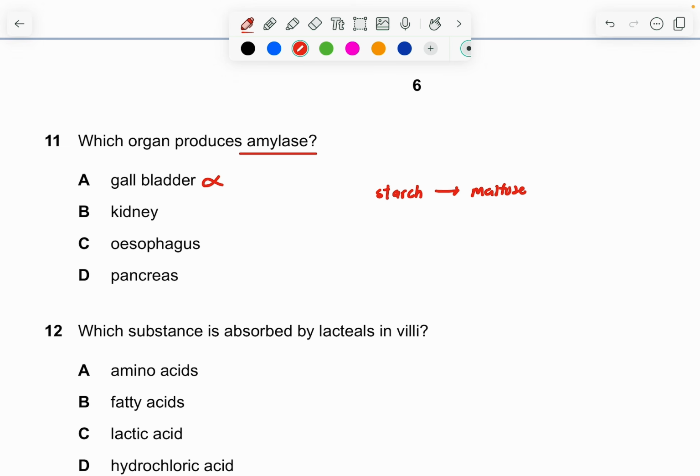Kidney, nope, you don't remember any enzymes being secreted there. The esophagus, are there? No. The esophagus is like a tube that helps to bring food from the mouth down into the stomach. Pancreas, yes, pancreas is the only good option that has amylase. So the answer is D.